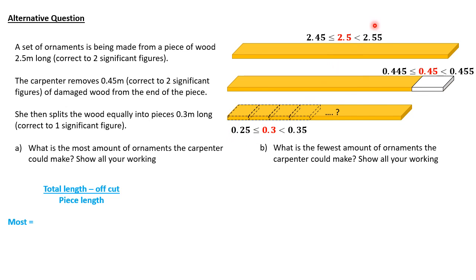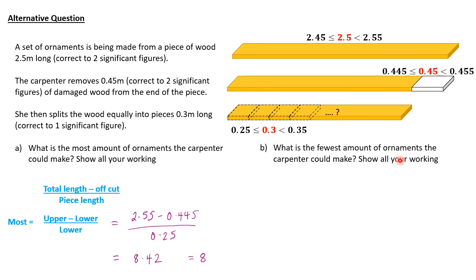So to make the most, I'm going to start with the upper bound, cut off the lower bound, and then cut each piece as small as possible. So I'm going to do upper minus lower, divided by lower. So 2.55 minus 0.445, divided by 0.25, and pop that into your calculator and you get 8.42. Now remember, these are ornaments, so that would only be 8 ornaments. Couldn't have 9, could only have 8.